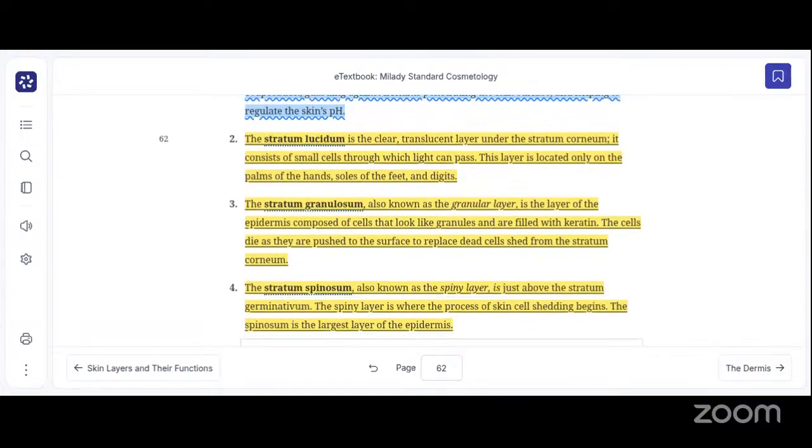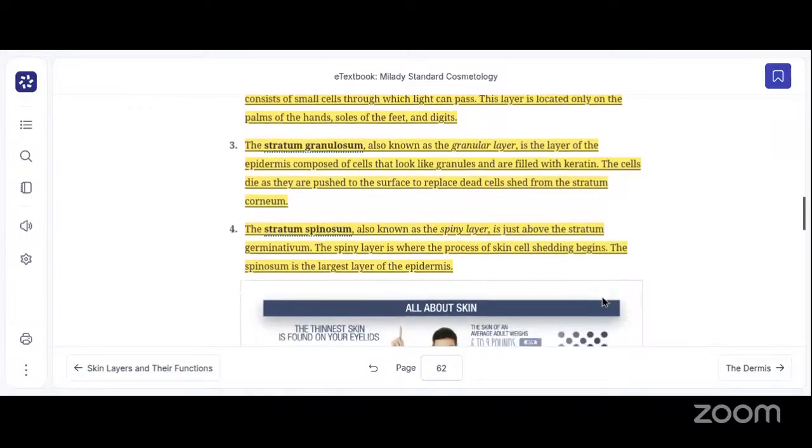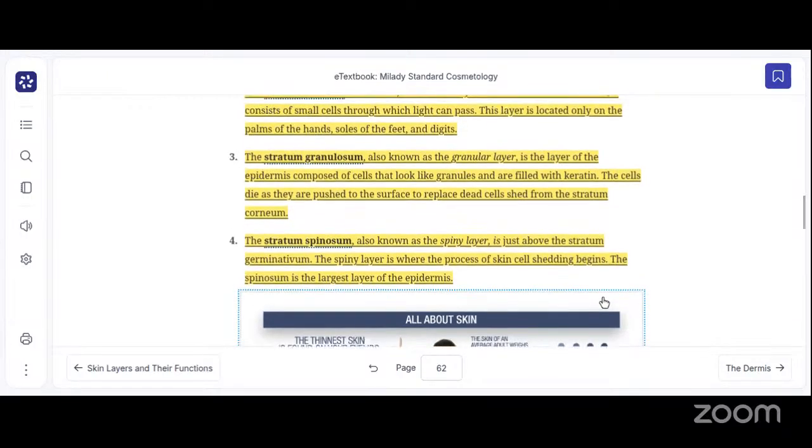So here we go. The granulosum comes in and pushes its way up, and this is the replacement of the dead cells from the top of the surface. Amazing. Okay, so we have to make sure this layer is always amazing because it's always preparing and pushing that next level.